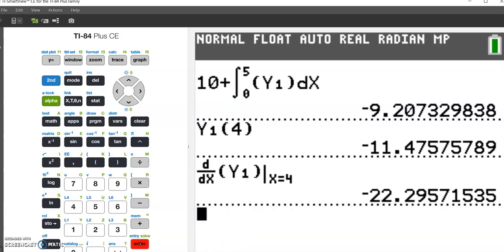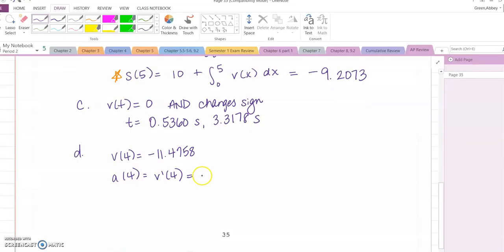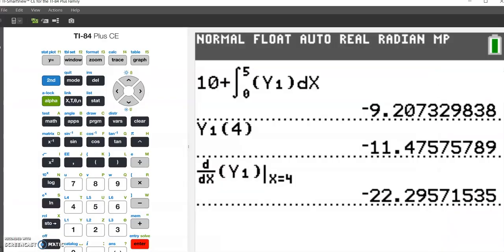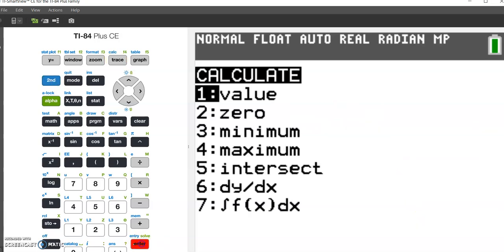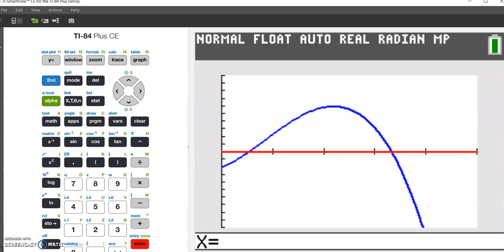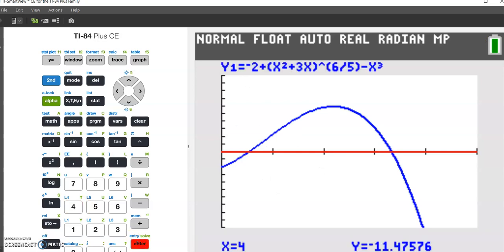So negative 22.2957. You can also do this on the graphing screen. Because this is the velocity graph, you could say second, calculate the value at 4. So there's your negative 11.4758 like we found.